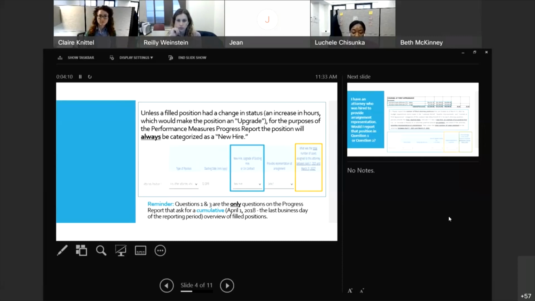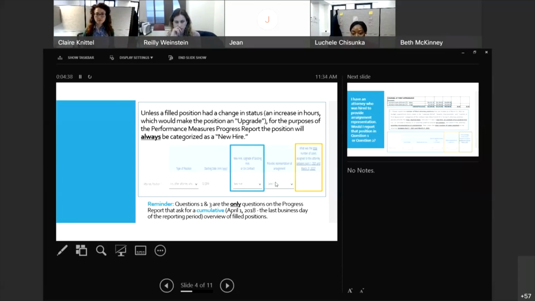One other thing I would like you to know in question number 1 in particular is there are 5 columns in question number 1. And the last column asks you to report on the total number of cases assigned to the attorney that you reported. Please note that the look-back period, the reporting period for that question, is different than for the other 4 columns.